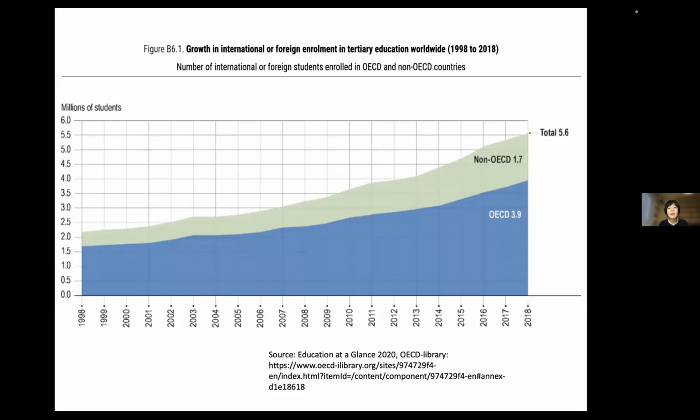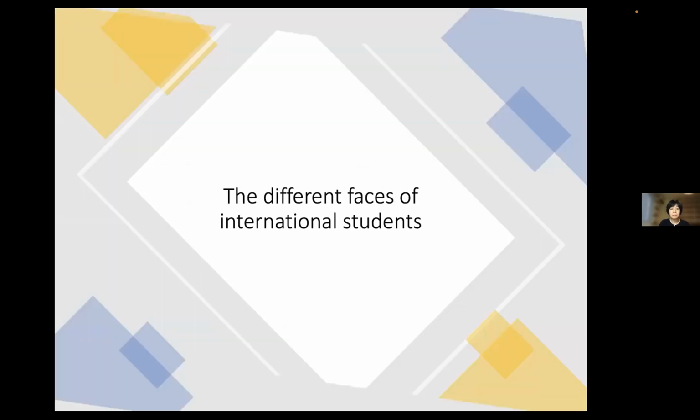As you can see, the non-OECD countries such as Russia and China or Malaysia have seen increasing inbound students. So the total number has increased by nearly 3 times in these 2 decades.